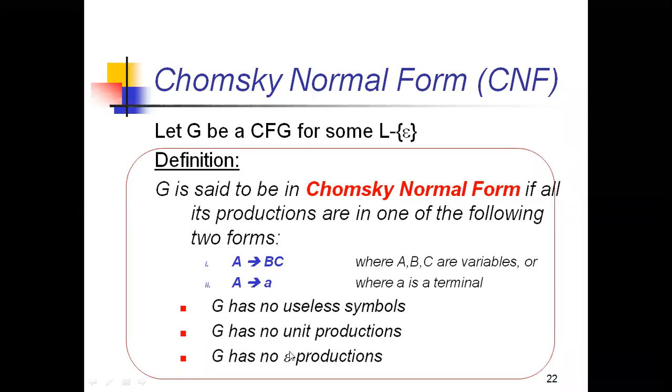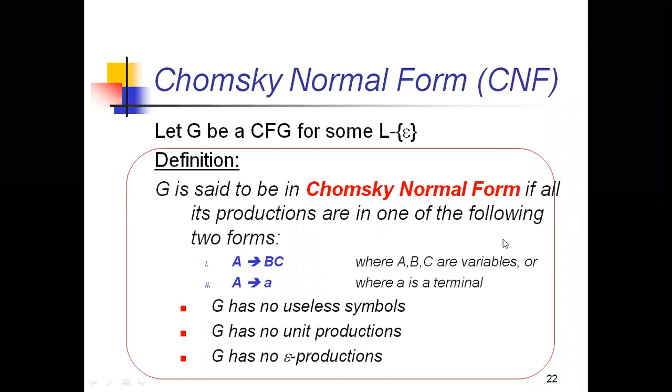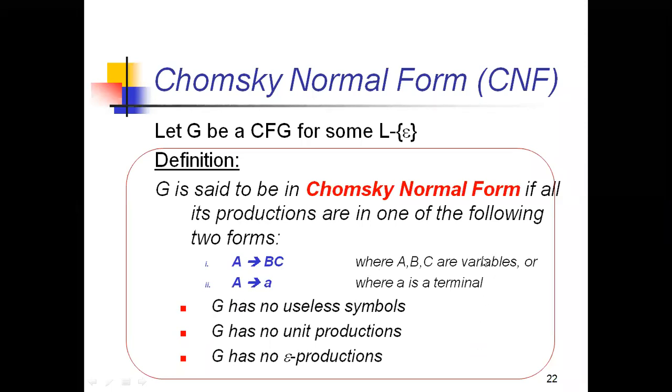And if there are any epsilon productions, you need to remove them by applying the algorithm for epsilon productions. Before converting it into CNF, first you need to remove all of those. Then you need to modify the grammar, eliminate all those, and give a modified grammar G dash, and for G dash you need to convert it into the CNF format.